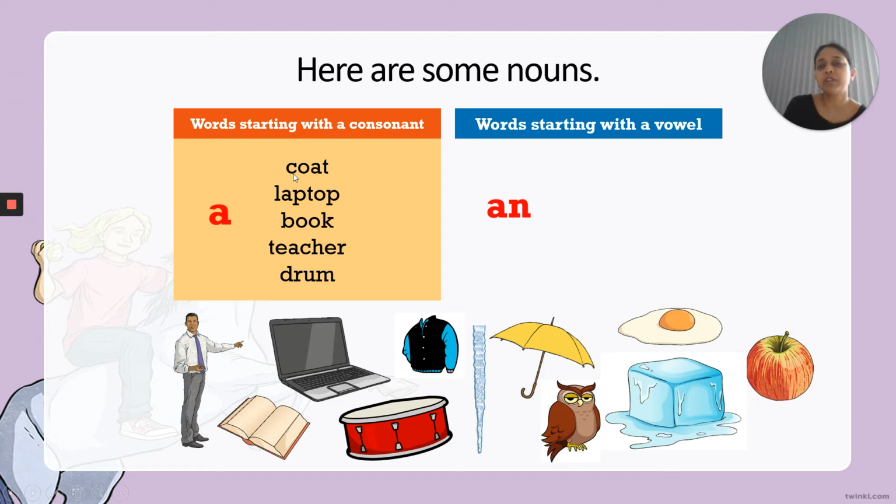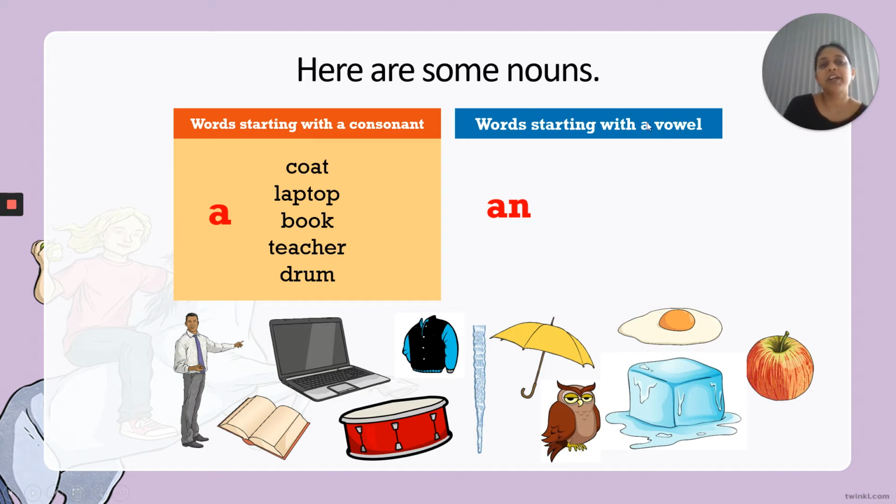So before the word coat, you will use a: a coat. You've got laptop, starts with an L, and L is a consonant, so we use a as an article, so a laptop. The same for the rest, which start with consonants, B, T, and D: a book, a teacher, a drum.